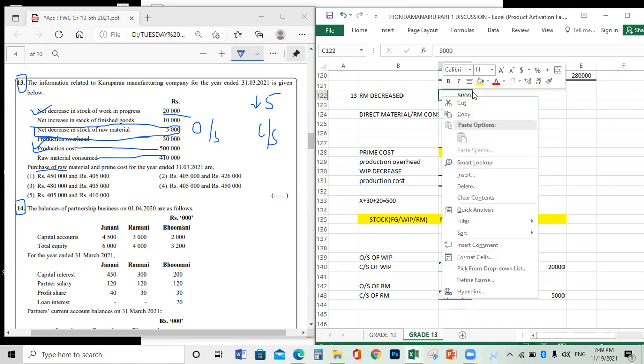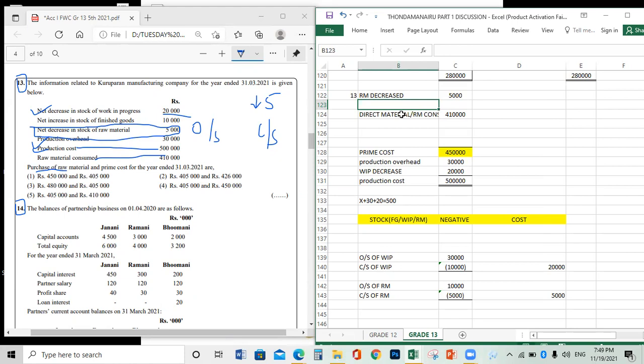Now, guys, you have found the raw material change. When you add the purchase of raw material during the year, you get direct material. Can't you find how much is the purchase? How much is the purchase, guys? See, 410,000. If it is plus, you go backwards, which means you should deduct.